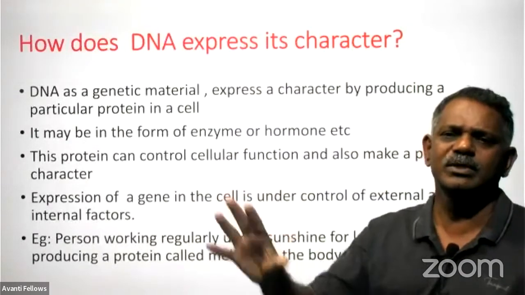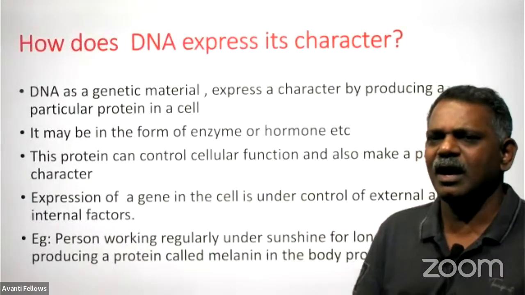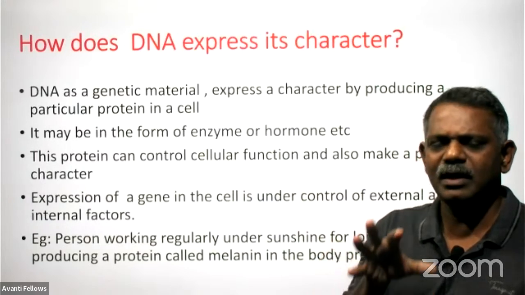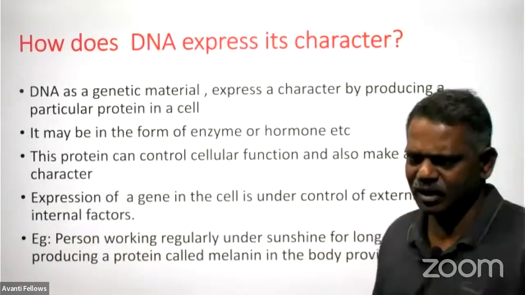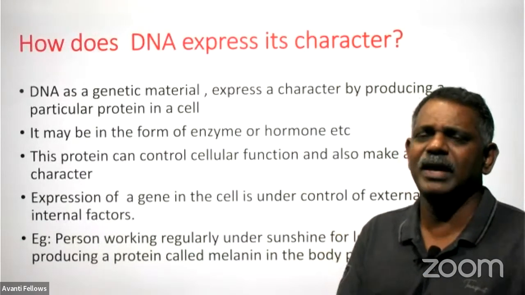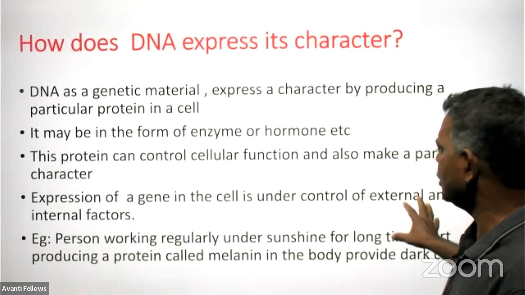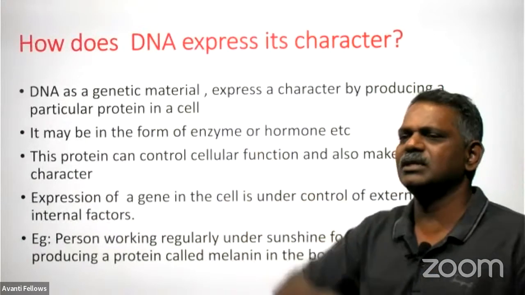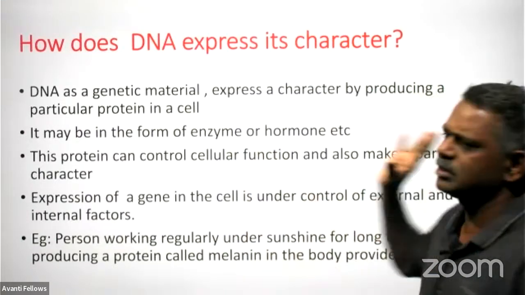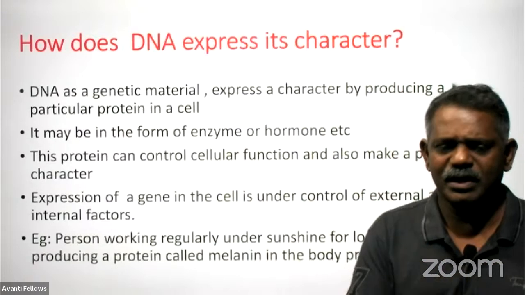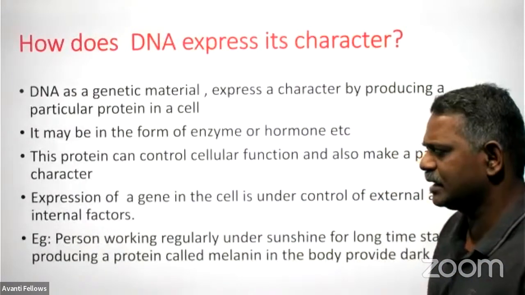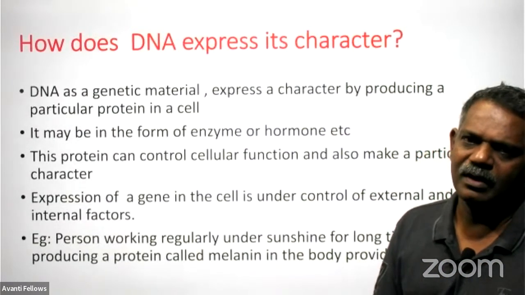The remaining huge percentage of the genes are silent, and they express a character only at the time of requirement. Who makes the gene express the character? No doubt it is controlled by some factors present inside the body or some factors present outside the body. That is the internal factor or the external factor, right?